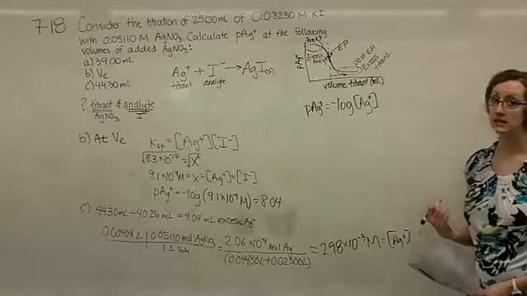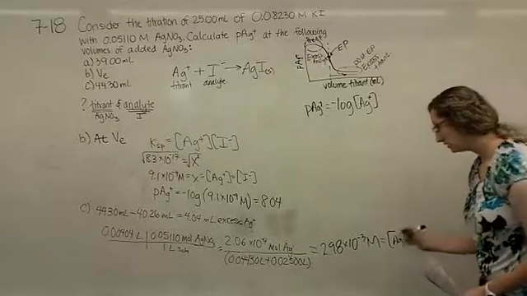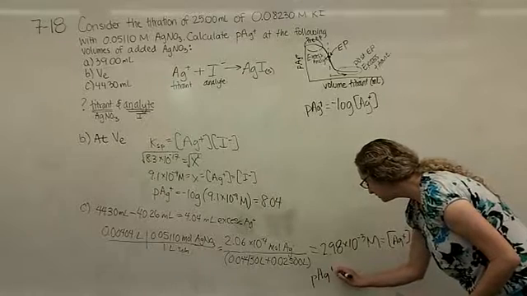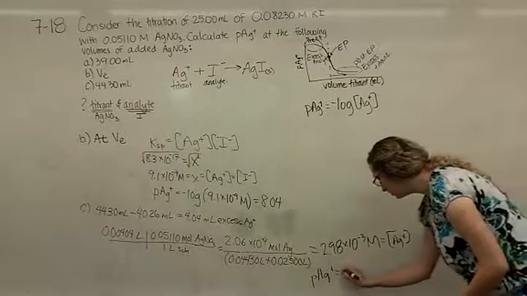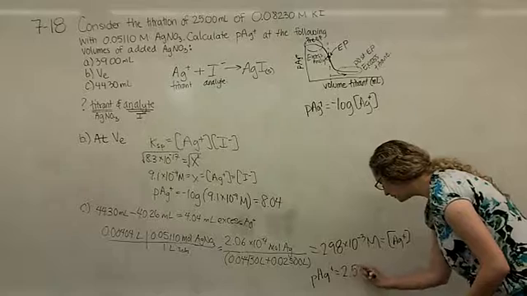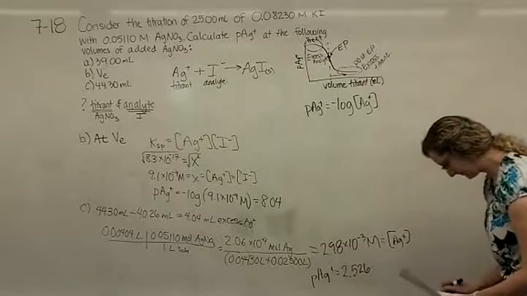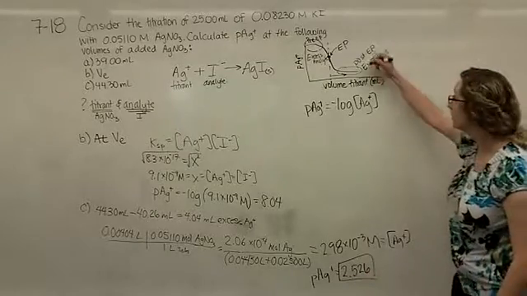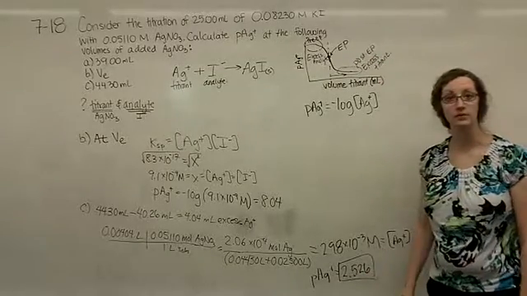Now again, you just need to take the negative log of that, and your pAg plus will equal 2.526. And this is where it reaches this bottom part of the curve.